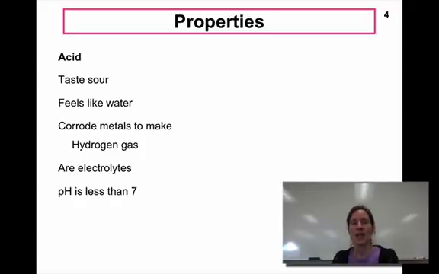In terms of the pH, acids have a pH of less than 7. If you had pH paper or litmus paper, you could determine the range for your acids. And actually with litmus paper, just like we were doing in the qual lab, acids turn blue paper red, and that's how you know they're acidic.